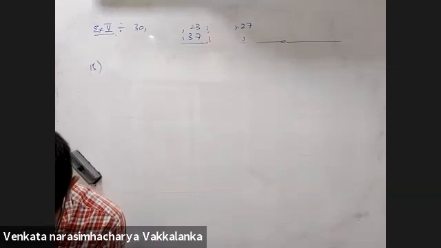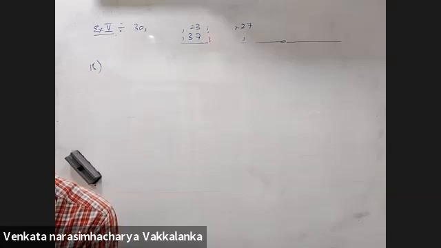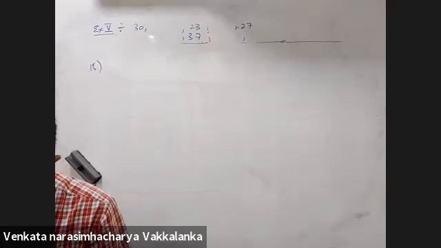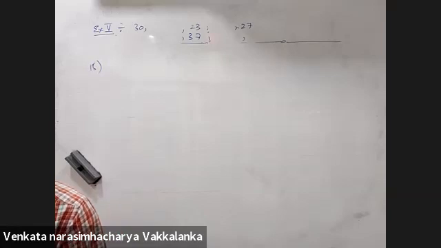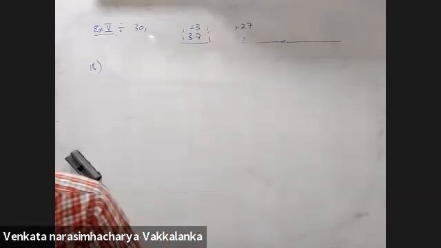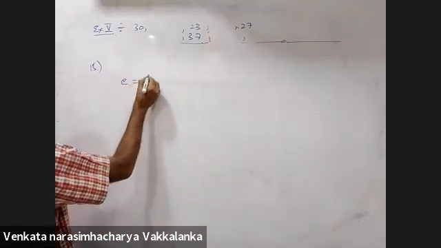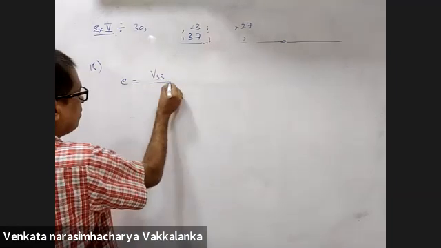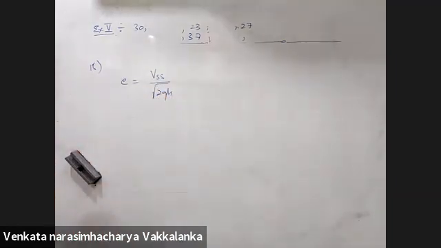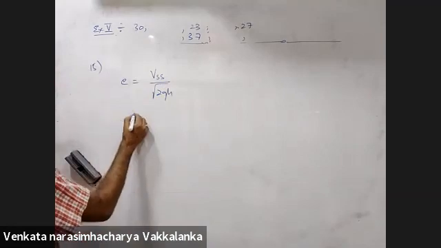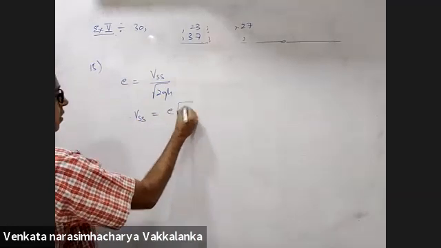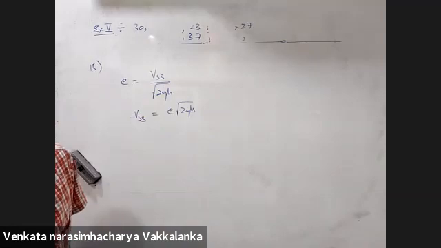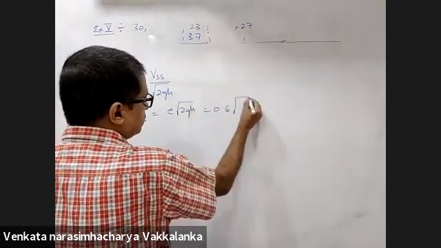The coefficient of restitution for steel is 0.6 and for the other is 0.4. E is the velocity of steel divided by root 2gh. So the velocity of steel is E into under root 2gh, which is 0.6 under root 2gh.